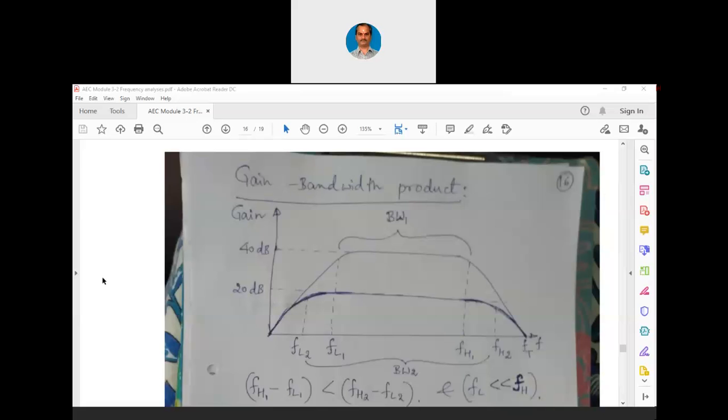Let us say the GBP is 1 lakh. Then it means gain bandwidth product is much larger. If it is much larger, naturally the amplifier is more suitable to many applications. That is the idea. Any amplifier which has a larger GBP is suitable to many communication applications.